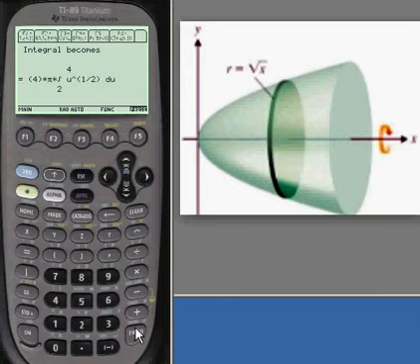Now we're going to integrate it, which is u to the 3/2 divided by 3/2. But when you divide in a problem, you invert and multiply, so it becomes 2/3. Here it is here, 2/3 times 4 pi times u to the 3/2.